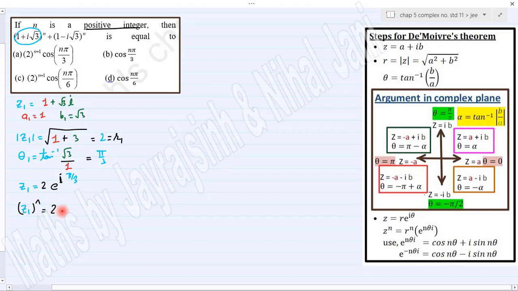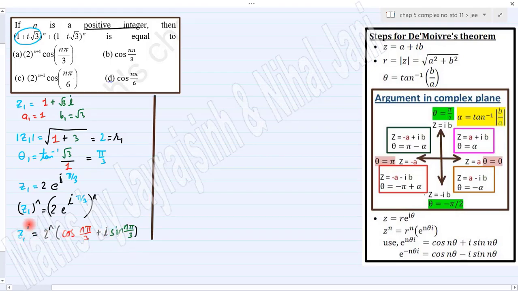So we will get 2 times e raised to i times pi by 3, whole raised to n. So here we'll get 2 raised to n, e raised to i n pi by 3, or if we convert into the polar form, we can say cos n pi by 3 plus i times sin n pi by 3. So here we get the simplest form of z1 raised to n.